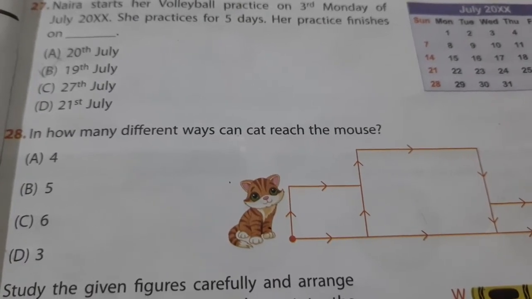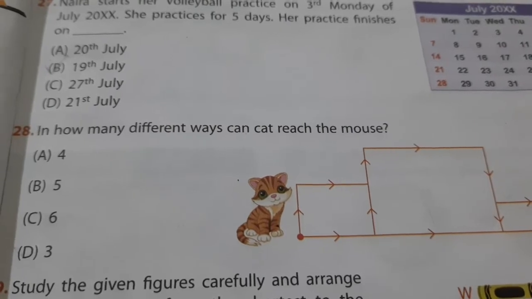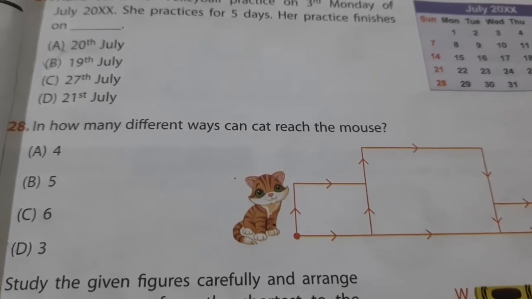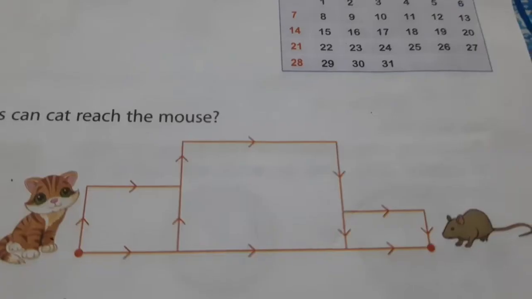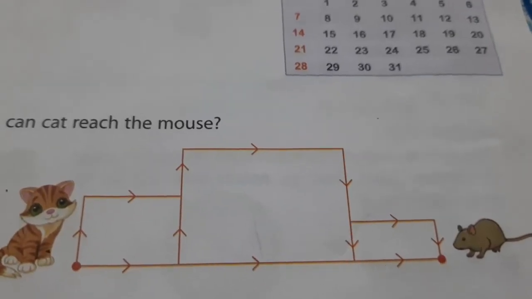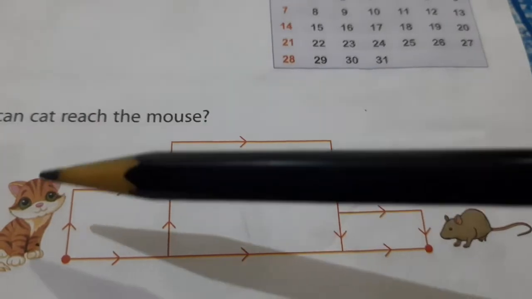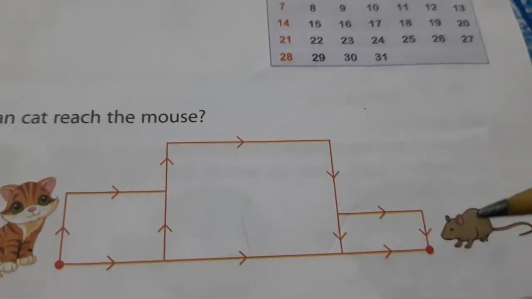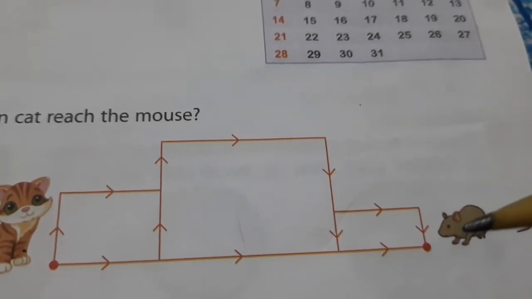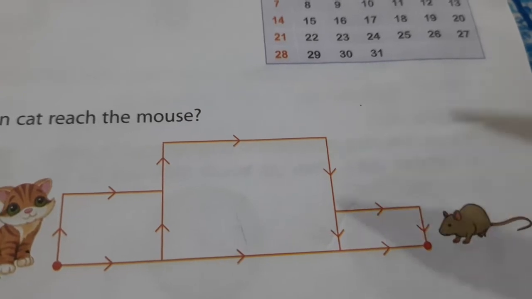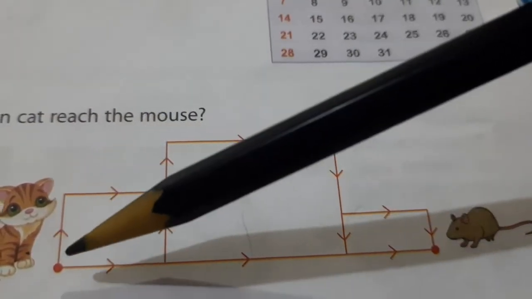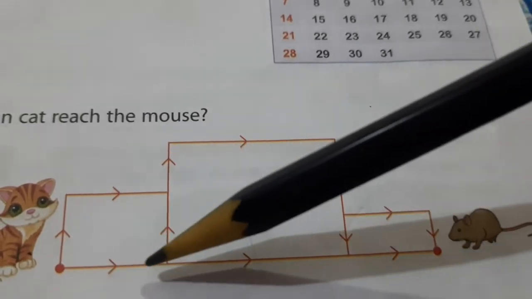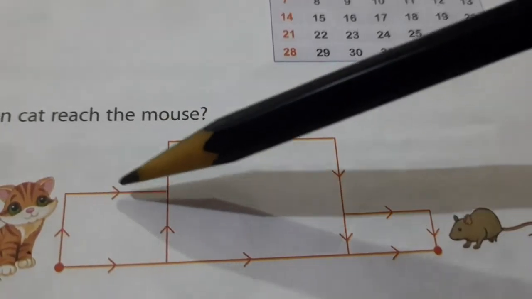In how many different ways can the cat reach the mouse? So let us closely study the figure given. There are different ways in which the cat can reach the mouse. So how many such possible ways are there is what we need to find out. If we closely look at the cat, the cat can start this way or this way.